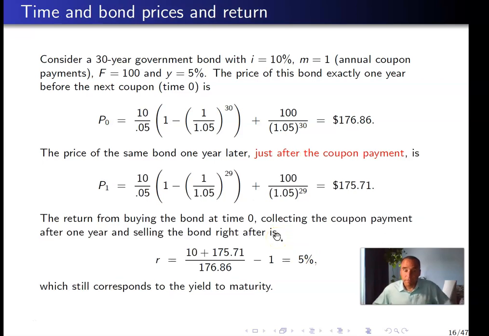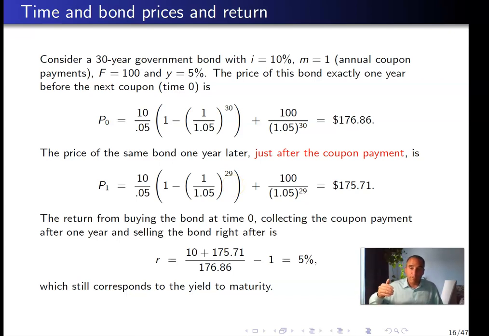Now, what if the bondholder sells the bond right after the coupon payment? So at the start of the year, the bondholder buys a bond at $176.86. It waits for the first coupon of $10, and right after receiving that first coupon, it sells the bond to the market. So when the bondholder sells the bond to the market, there are 29 coupon payments left.